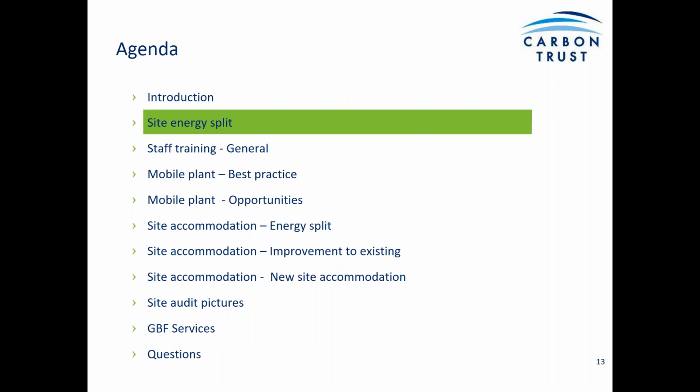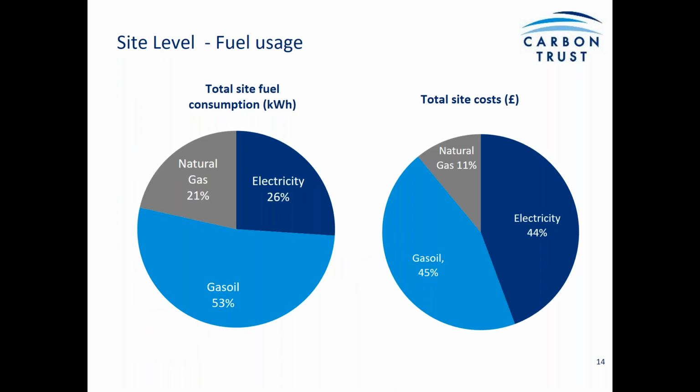So if we look at what a typical site energy split is, obviously the gas oil there is for the on-site mobile plant, which is over half of the energy consumption on the site.